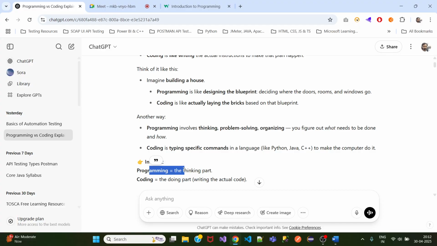If I say, can you please write a program where I need a nine table to be displayed on the output, that is where you think how you can write it. Once you get the programming concept clear, once you're thinking problem solving and organizing, and the thinking is clear, then you can write that in the actual code.